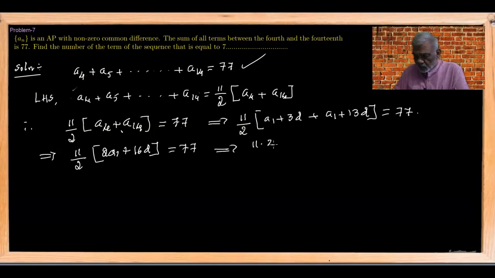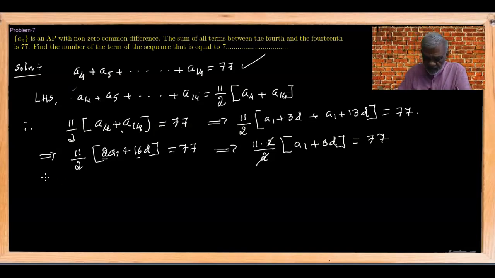And this implies 11 into 2 by 2. I am taking 2 outside here, and that will give A1 plus 8D is equal to 77. Now this 2 is getting cancelled.